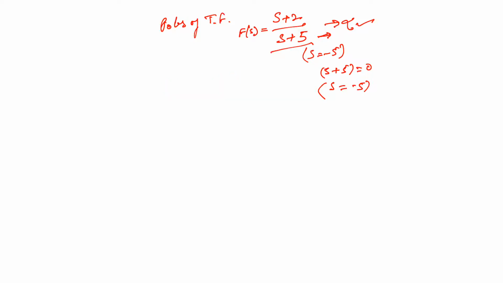Now we have seen that the roots of the characteristic polynomial in the denominator are the values of s that make the transfer function infinite. So we can say that this is the pole. Now one more point: let us suppose that the transfer function is like that, (s plus 2) over (s plus 5), and a factor s is cancelled in this case.